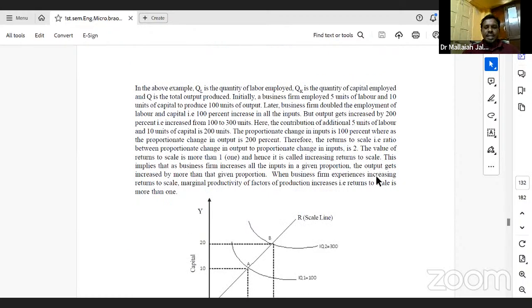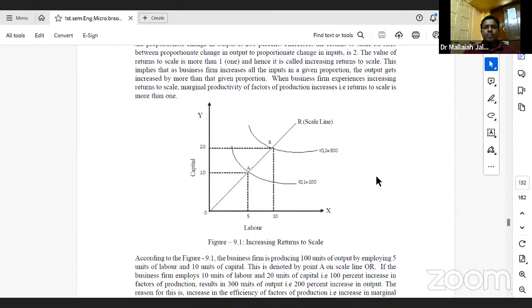So see the diagram, just observe: in the y-axis it is capital, and the x-axis it is labor. See the gap you have to observe from this 10 to 20, how much is there, the gap 5 to 10, and A to B, between these two and between these two. That means this portion is less than the AB.